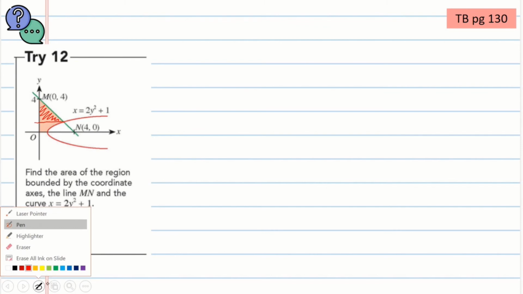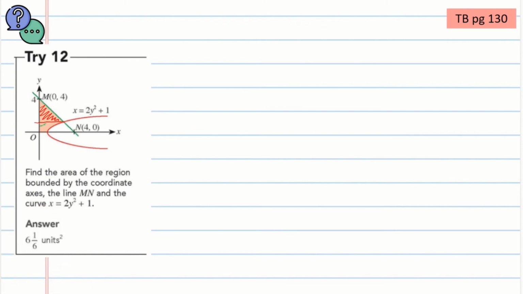So in order to do this, I need to think of what are the things that I'm missing first. So I definitely need this value, because what I'm going to do in figuring out the red area is that I need to actually integrate this straight line with respect to the y-axis, with respect to y.